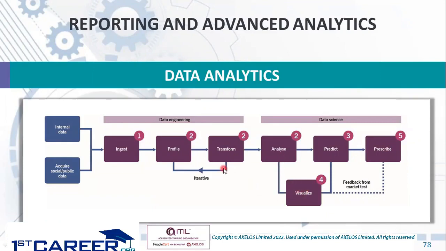It could even go back to data, but the reanalysis will be done. Again, changes to predictions, changes to prescriptions. So this is the actual data science on the right side. So data science is about analysis, prediction, visualizing, and prescribing, whereas data engineering is the more mathematical side: loading, then sorting, summarizing, and transforming the formats.